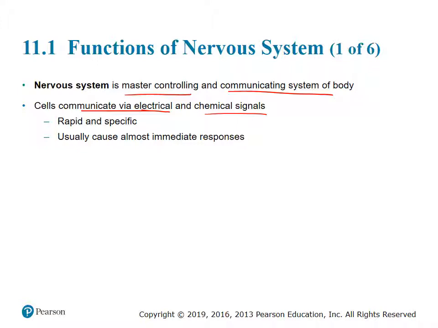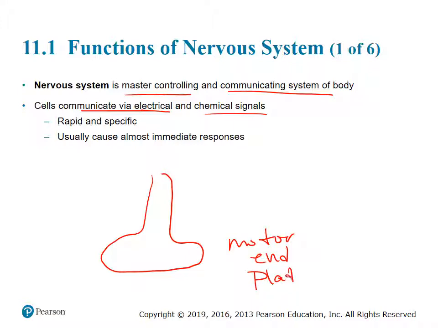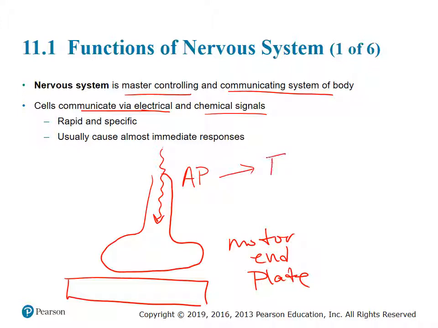So if I was to draw the motor end plate, and down here I would draw the muscle, we saw an action potential arrive at the motor end plate, or the synaptic end bulb, or whatever the end of the neuron would be. This would be considered the electrical signal.